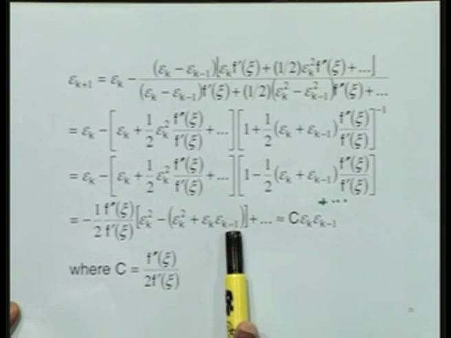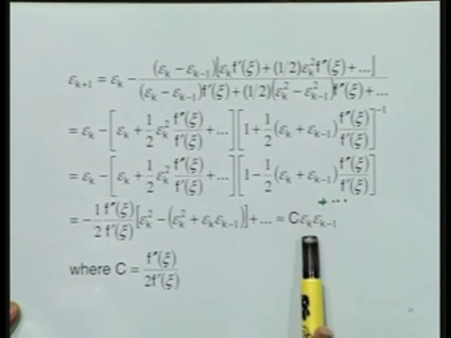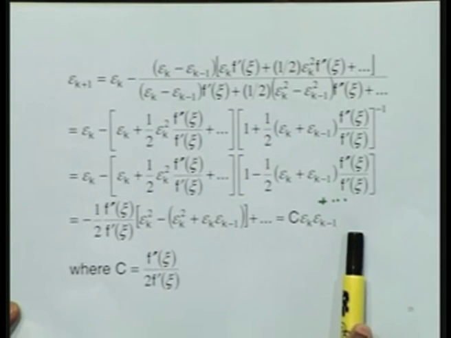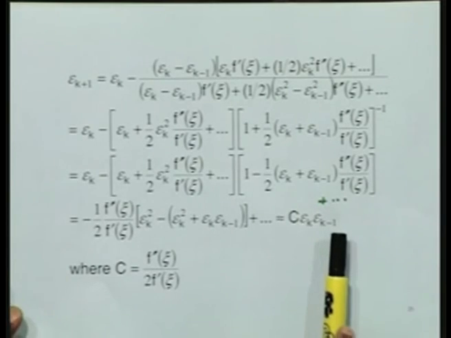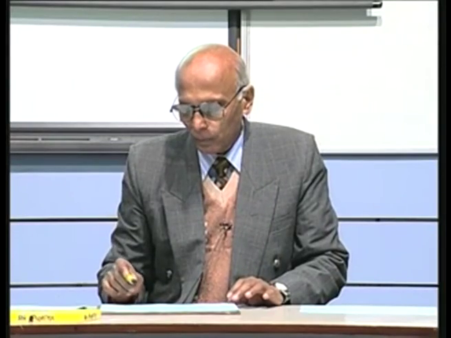Now if I simplify this, I would get here C epsilon_k epsilon_{k-1}, where this constant is f double dash by twice f dash. This constant is same as in the Newton-Raphson method, but it has got a different form. Now we will stop at this.